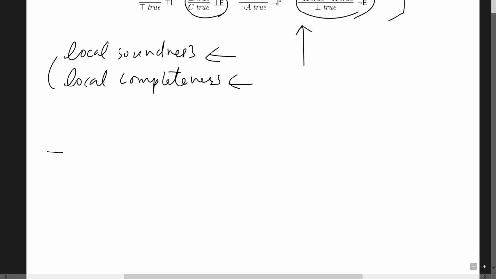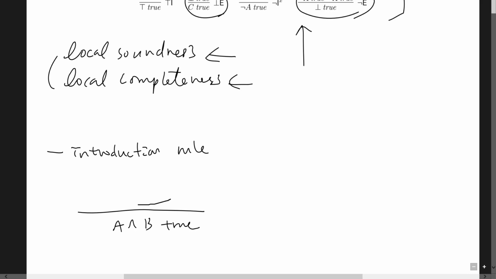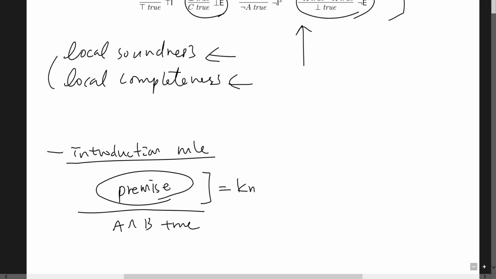So here we have an introduction rule. Let's just say we have this A conjunction B true. So we have this premise. In some sense, this introduction rule compresses the knowledge expressed in the premise, so this is some form of knowledge, into this single judgment.